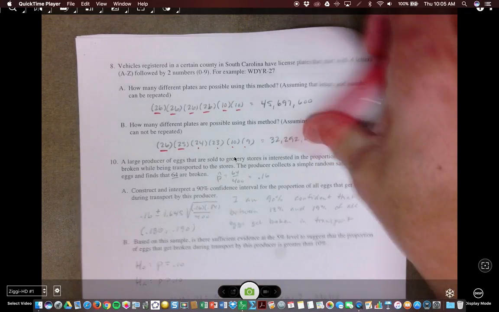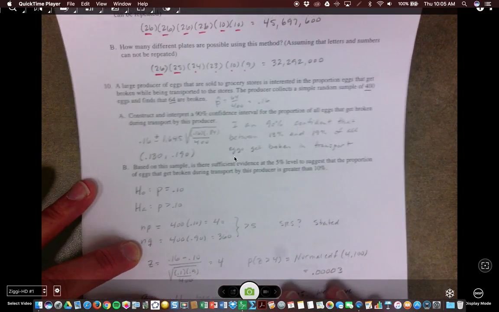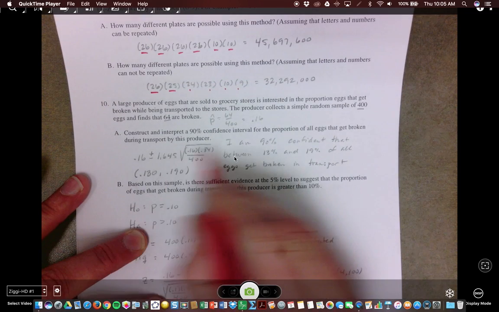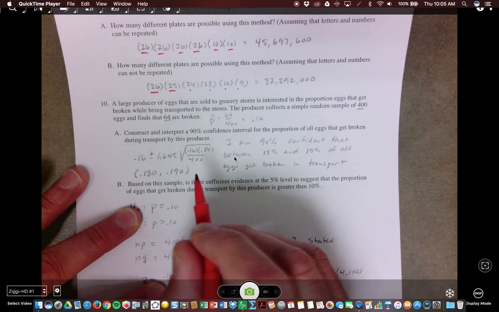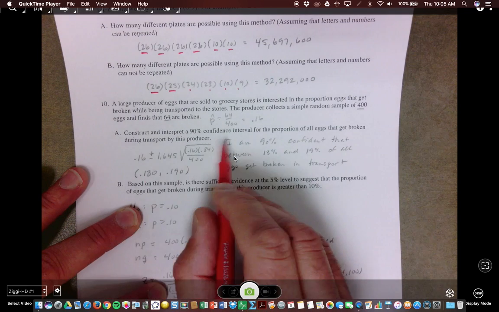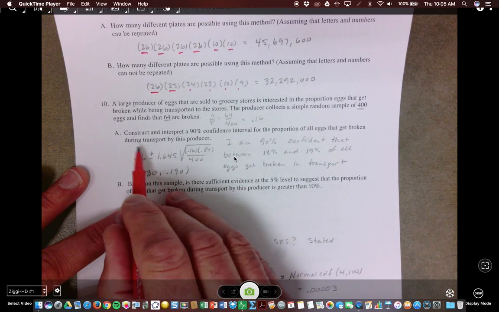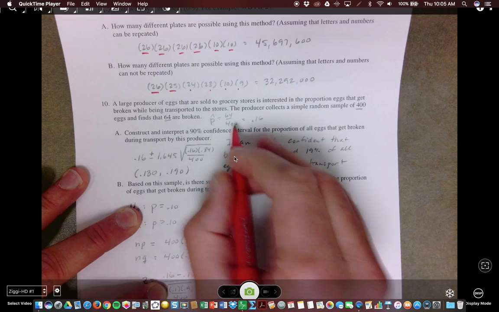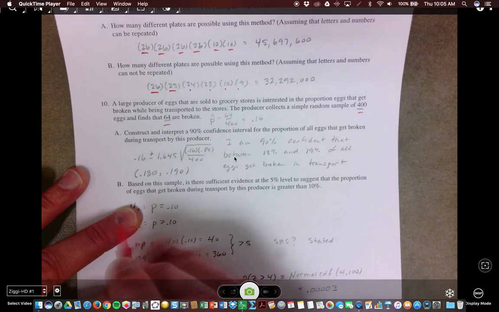And then one of the last things we did was we talked about confidence intervals and hypothesis testing. This should be very fresh in your mind from what we did just in the last week or so. Construct a 90% confidence interval for the proportion of eggs that get broken during transport. We've got to calculate first: 64 out of 400 is what we got in our sample.